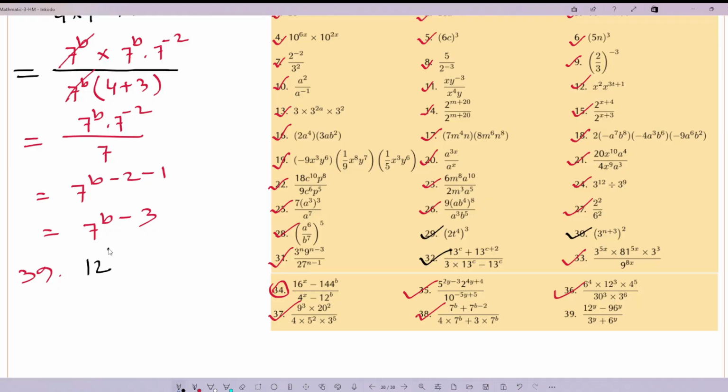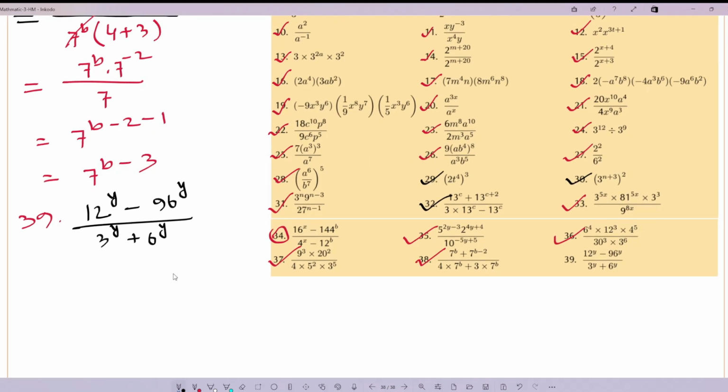12 to the power y minus 96 to the power y divide 3 to the power y plus 6 to the power y. So this one we have to segregate like this.